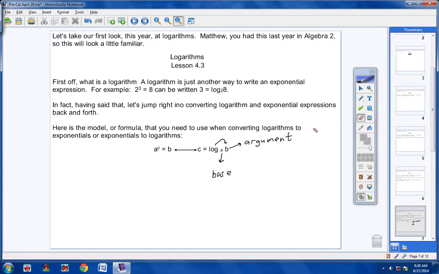But do you not see what we're doing here, men? Look at this. All that you're doing is you're taking your a, the base of your exponent, and writing it over here as the base of the logarithm. Your exponent, whatever it happens to be, always goes all by itself right here. And then over here, your base to a certain power equals a number. In this case up here it was an 8.